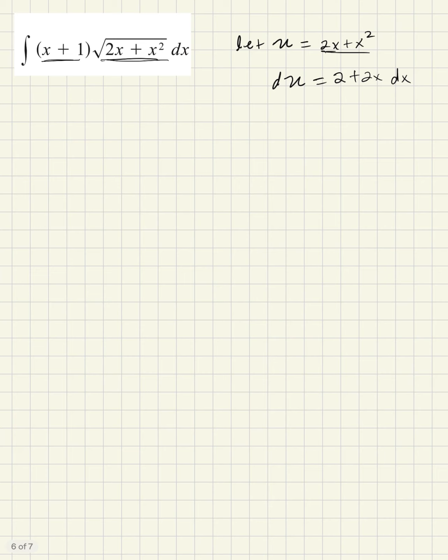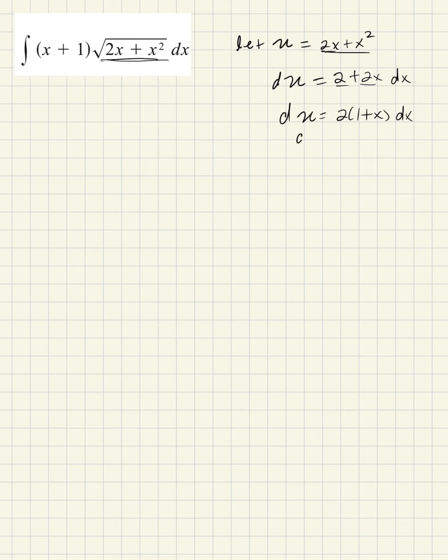I can factor out a 2 from here. So what I'm trying to do is get this one, okay? So then du would equal 2 times (1 plus x) dx.